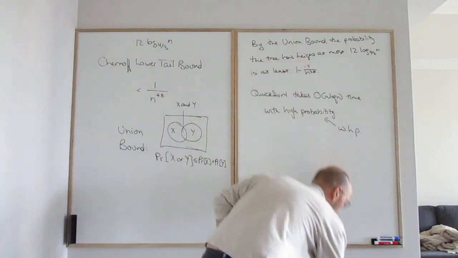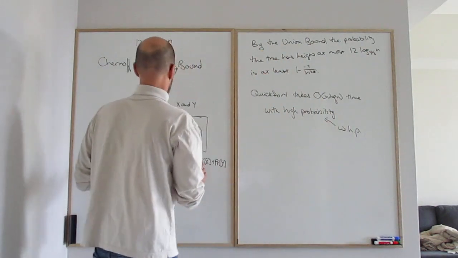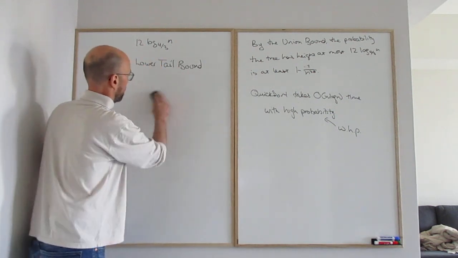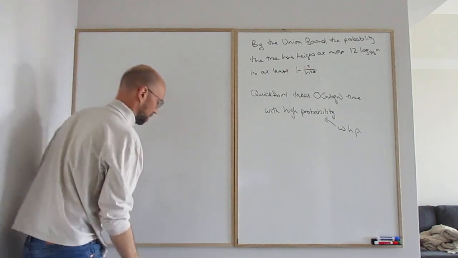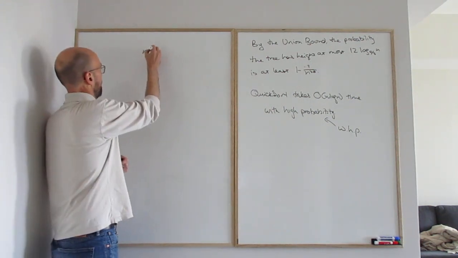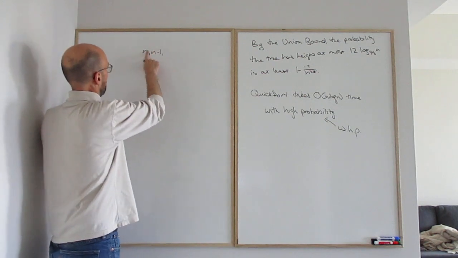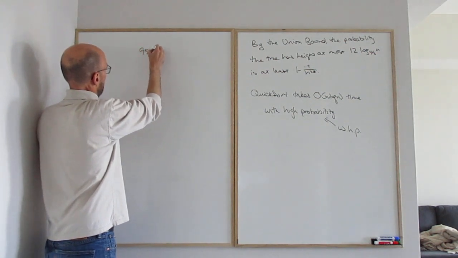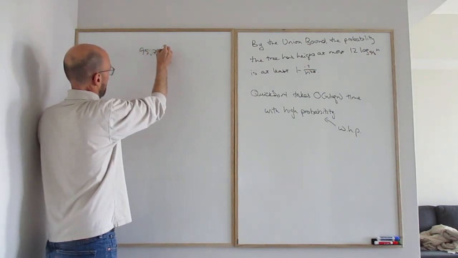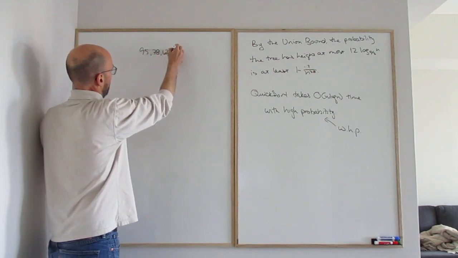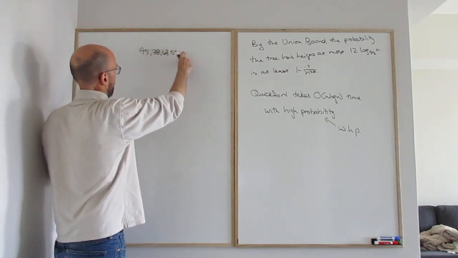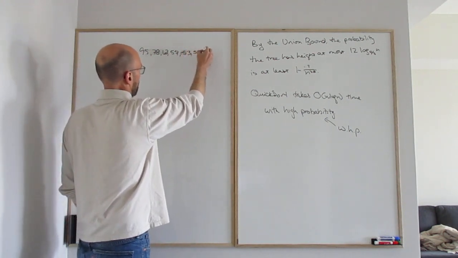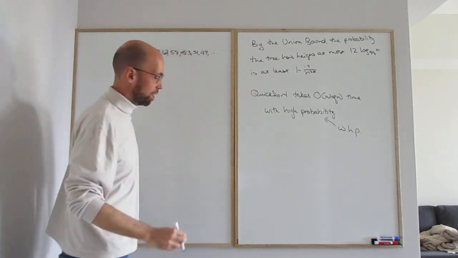I said I wasn't going to talk about best case, but if you're given 95, 78, 63, 57, 53, 51, 49, and so on, then what are you going to do?